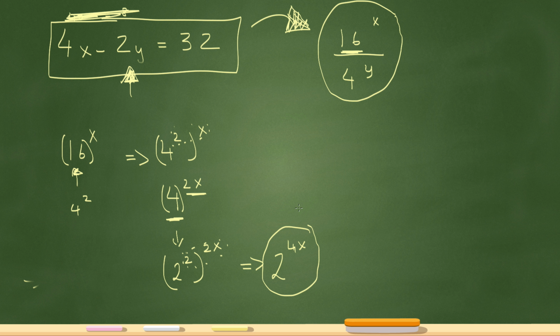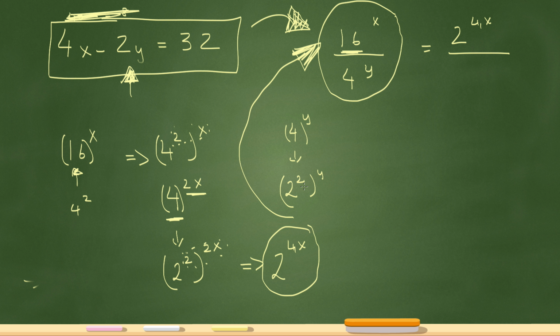So what I've just done so far is rewritten 16 to the x as 2 to the 4x. So let's rewrite that over here, 2 to the 4x. Now we're going to do the same exact thing with the denominator, 4 to the y. We know that 4 can be rewritten as 2 squared, and you still have that y sticking around over there. And now 2 times y over here is just 2y.